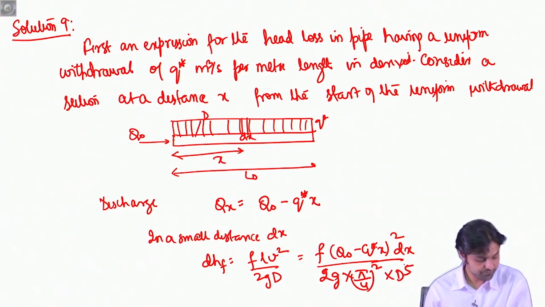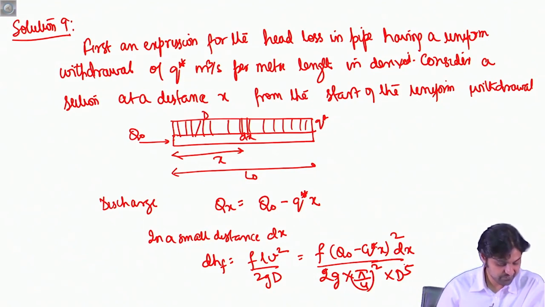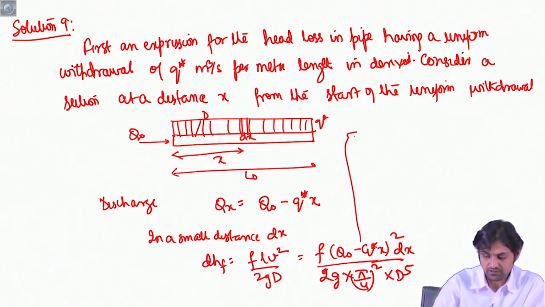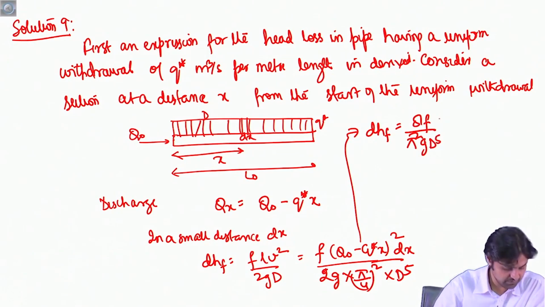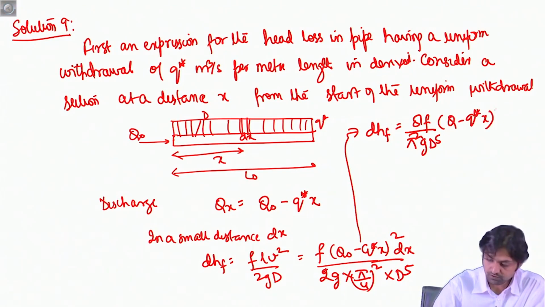All right. So, just writing dHf will be 8f divided by pi square g d to the power 5 into (Q naught minus Q star x) whole square dx. All right.